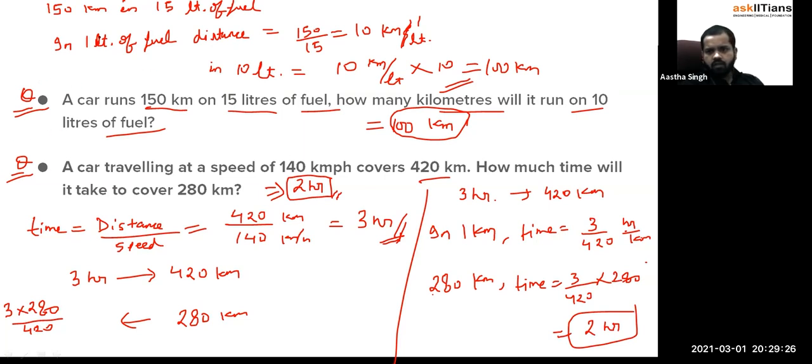In the first question, which was asking about 10 liters of fuel, I calculated the distance covered in 1 liter of fuel and multiplied by 10. So this is what the unitary method says: find the value of your one unit and multiply by the required unit asked in the question.